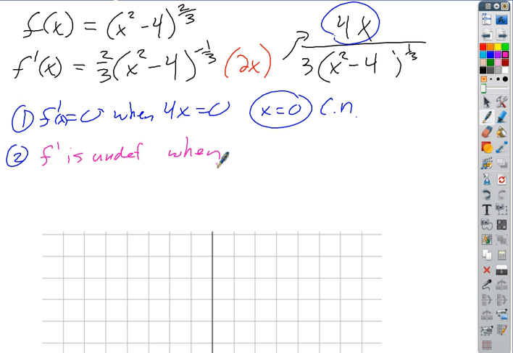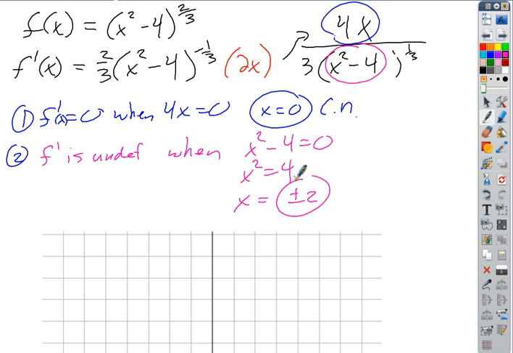So when is x squared minus 4 equal to 0? We just isolate x. x squared equals 4, so x equals plus or minus 2. Those are my other kinds of critical numbers.